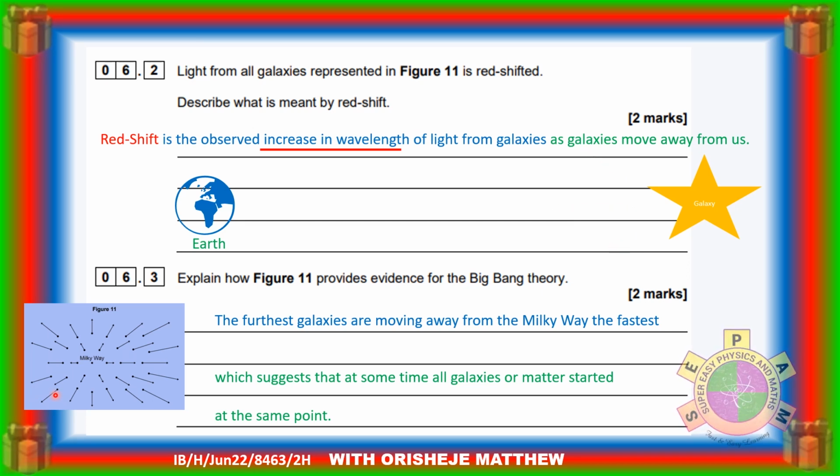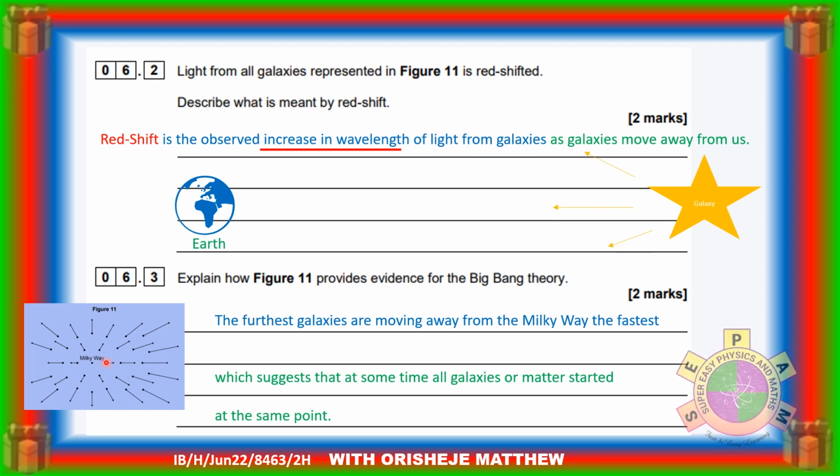That is what this diagram is illustrating. Because velocity is a vector quantity, in the field diagram the longer arrow implies a larger velocity, and the shorter arrow implies a smaller velocity. So this one is moving slower compared to this galaxy at the extreme, which is moving faster.